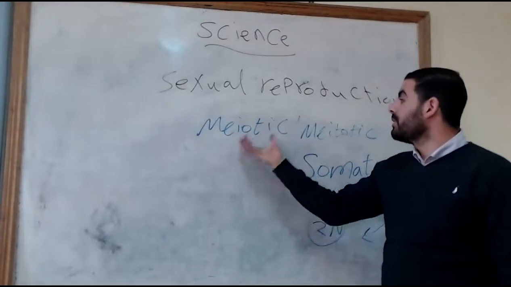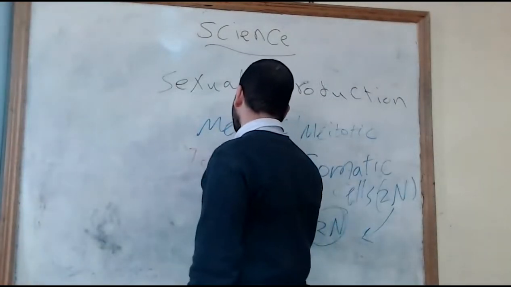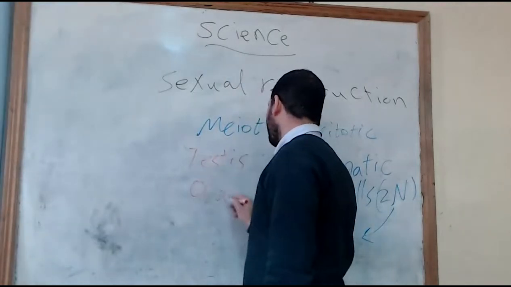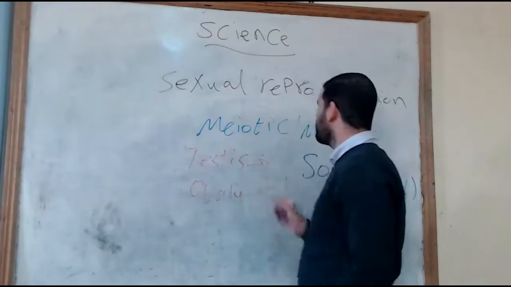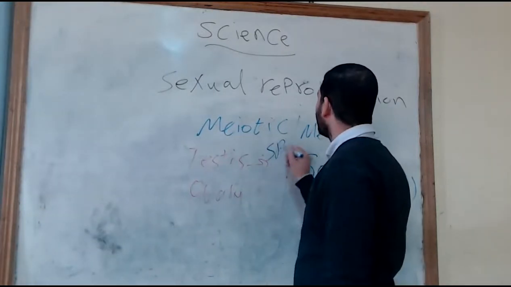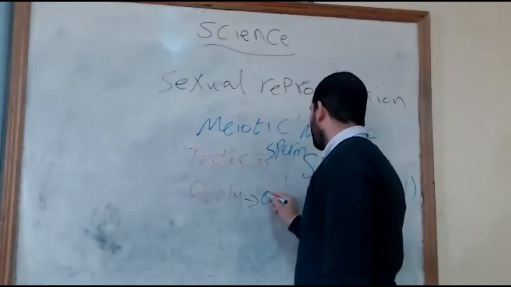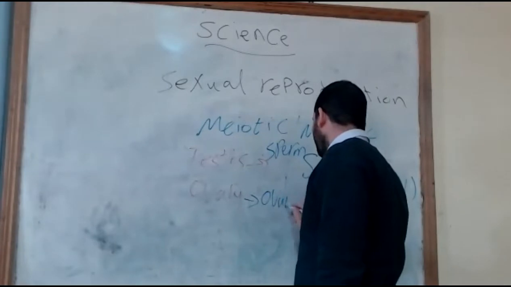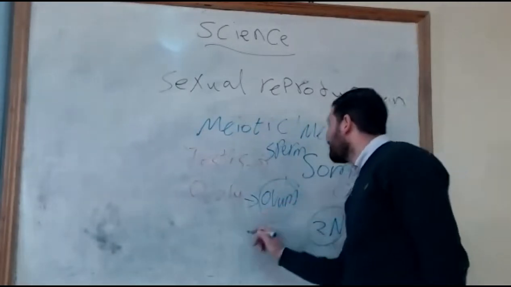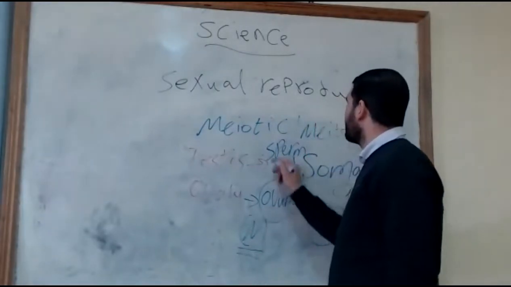Meiotic division occurs in cells like the testes and the ovary. The testes produce sperm, which are gametes, while the ovary produces ova, which contain the haploid number of chromosomes, or n chromosomes.